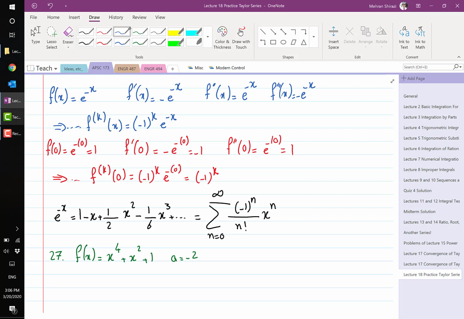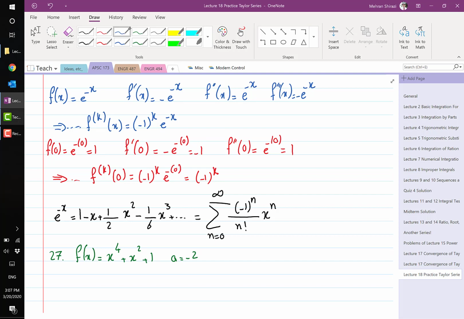Okay. So we know that Taylor series will have infinite terms, and that's usually the case. However, something interesting that you will see is that the Taylor series of polynomials do not have infinite terms, and that's not surprising because a Taylor series is infinite terms of a polynomial.